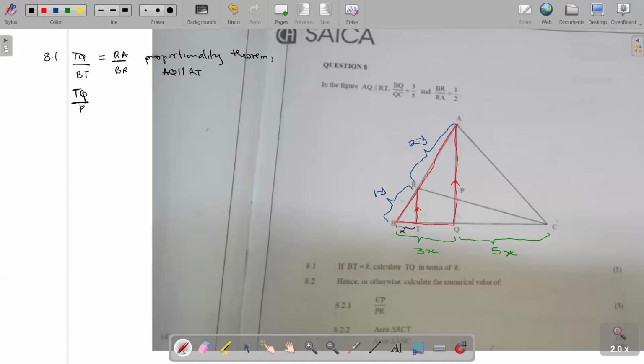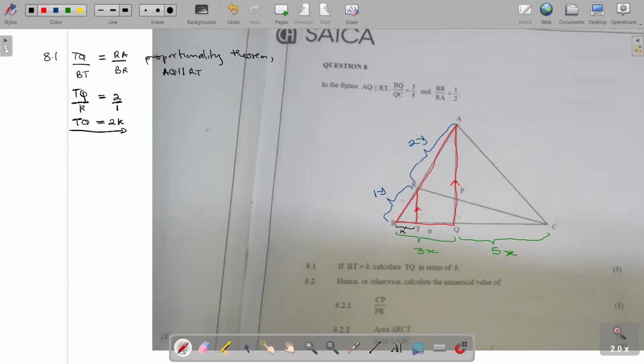BT we are told is K. This must be equal to 2 over 1. So it would therefore mean that TQ, if we cross multiply, is equal to 2K.